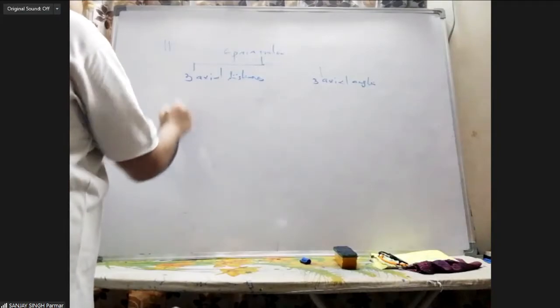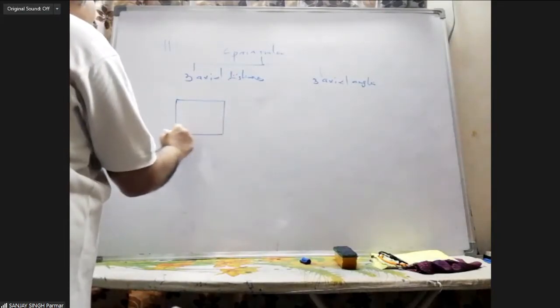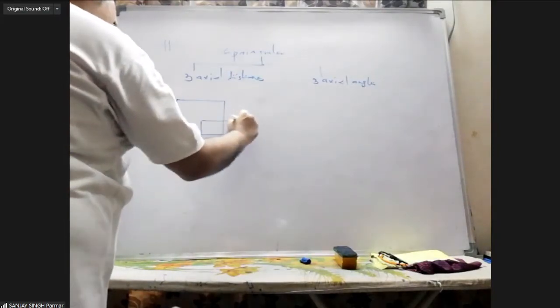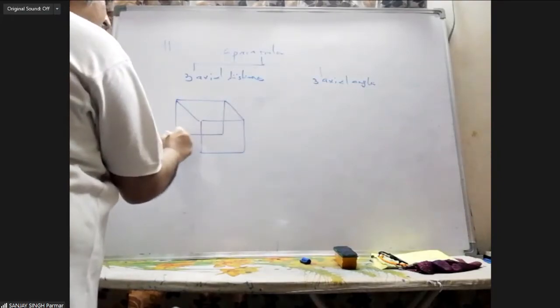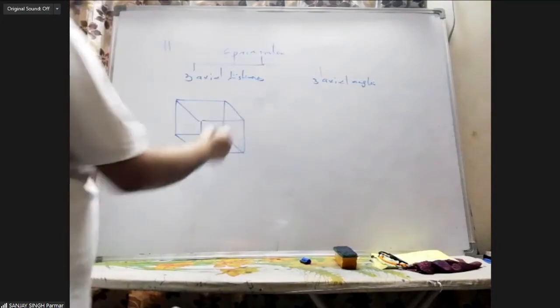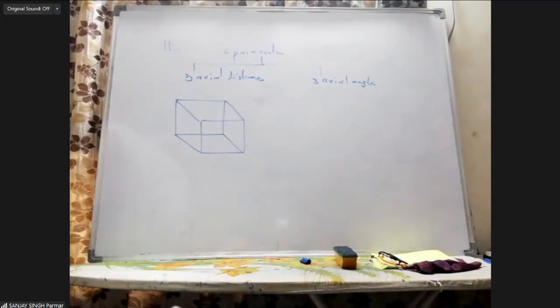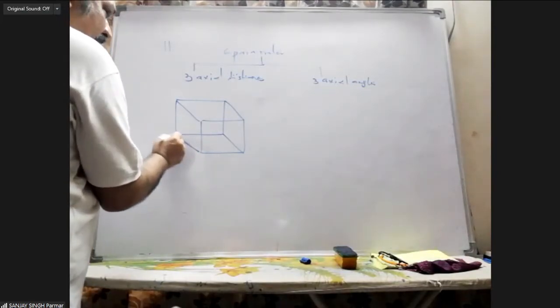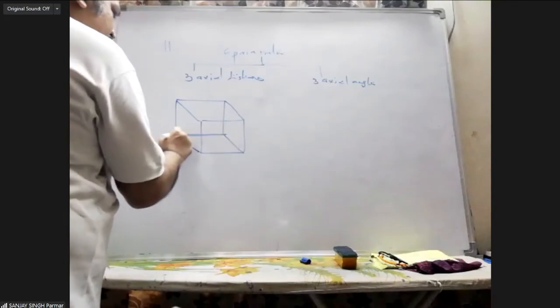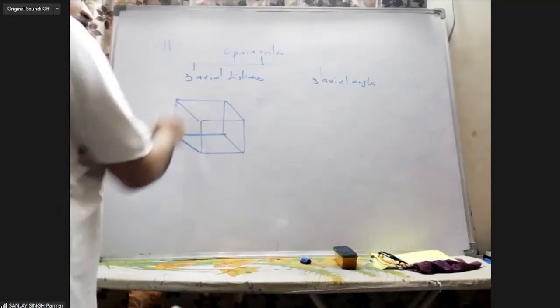Just as I told you yesterday, only for convenience I am drawing a simple cube, because it is the most symmetrical one. In this, a is equal to b is equal to c. So this is one axis, this is another axis, and this is another axis.